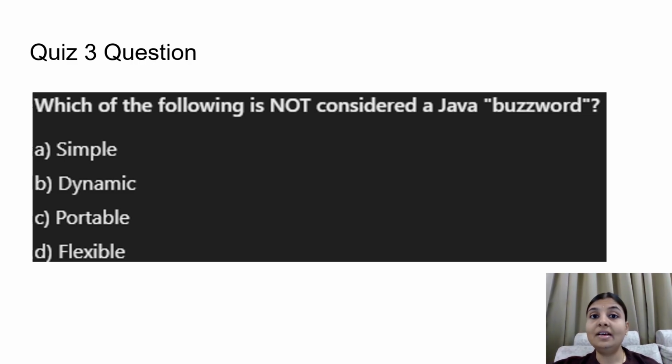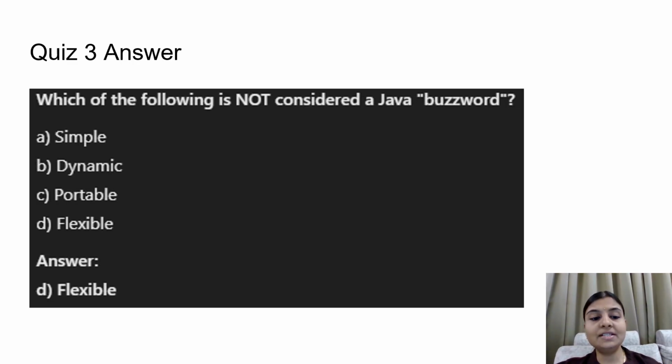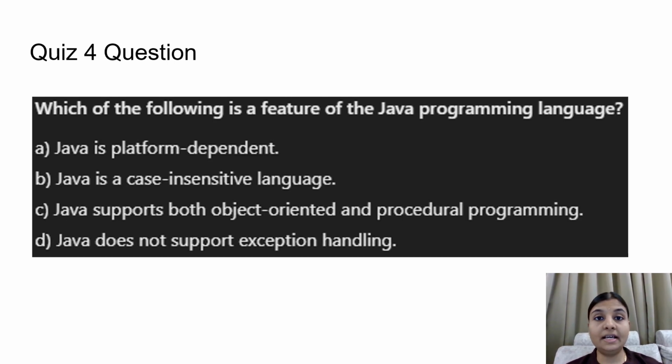Java is simple, it is dynamic, and it is portable. Flexible is not one of them, so flexible is the answer. Java is a portable language, meaning it can be used across platforms, across many operating systems like Linux, Windows, Mac, etc.